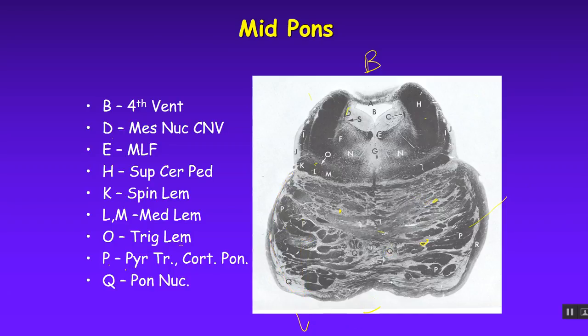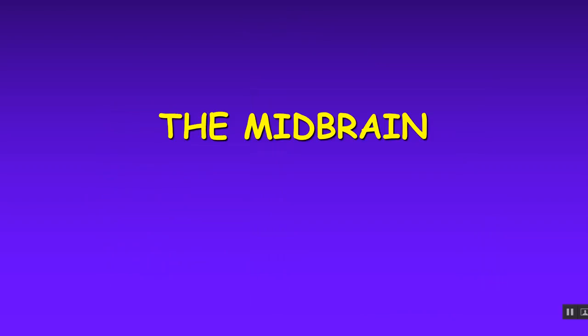D is this little lighter colored area right there on each side, okay? E is this little region right here, that little darkened region there, MLF, and then H is the inferior cerebellar peduncle on each side here. Got it? Okay. Yeah, it gets a little messy.